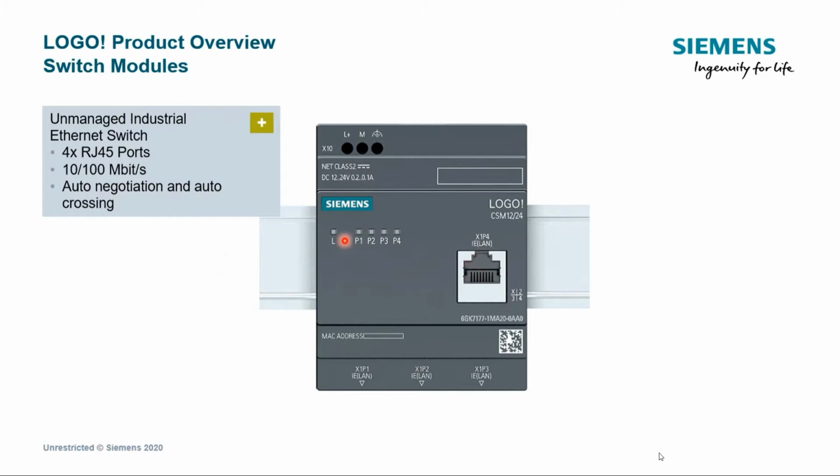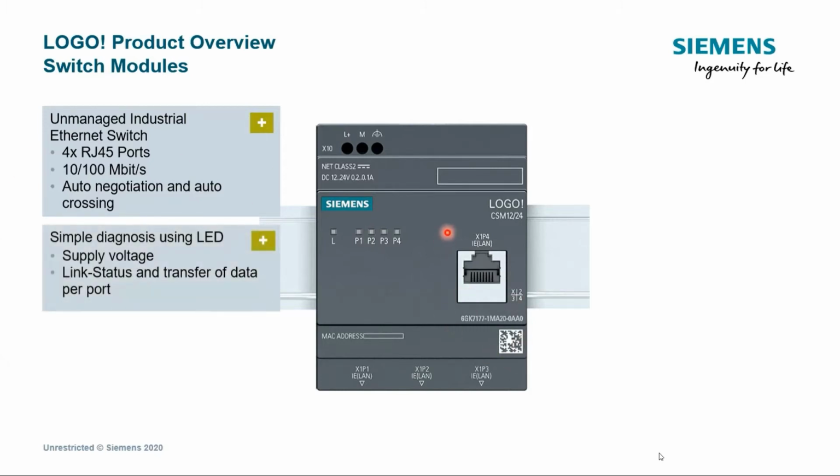And the switch is a basic and managed switch, but industrial grade, of course, that can run up to 100 megabit per second. It has very nice diagnostics, so the voltage supply availability here and the status of each interface.